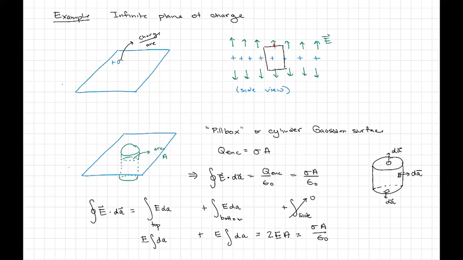But why is the electric field the same here as it is here, as it is here? Well, the reason for that has to do with the fact that we're dealing with an infinite plane of charge. One way you could think about it is if you've got a point that's really close to the surface, it's feeling a lot of electric field, or strong magnitude, from the charges that it's close to.